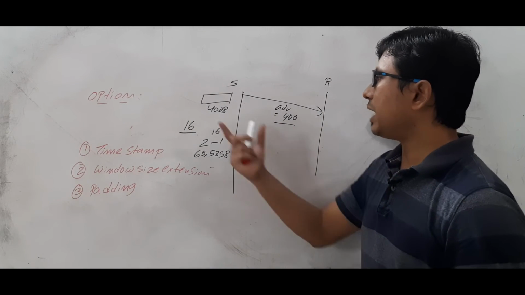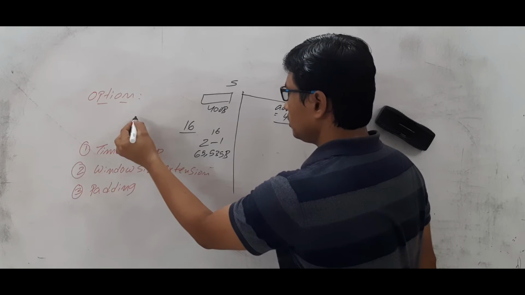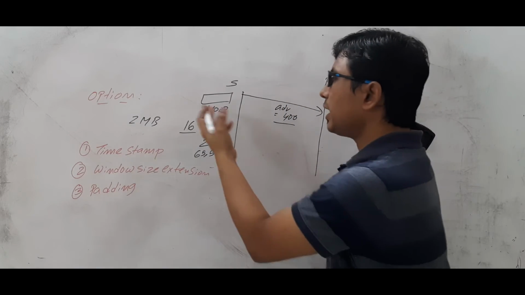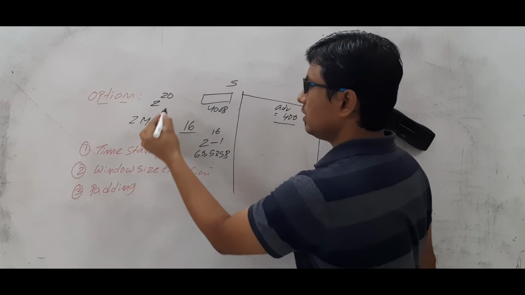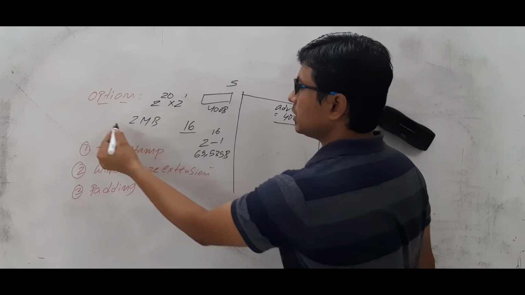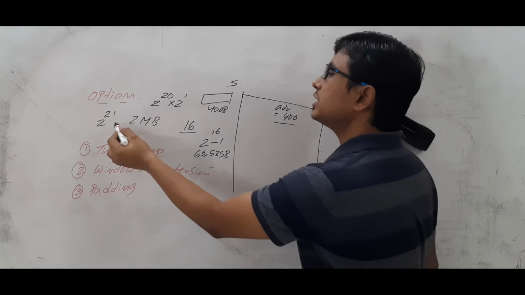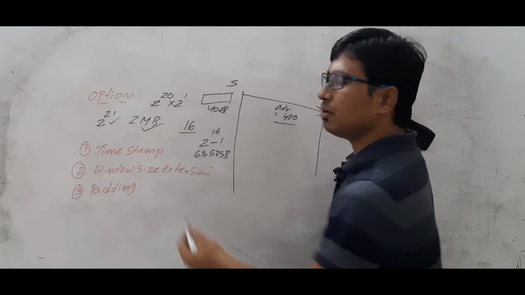But you want to advertise a window of, let's take, 2 MB. 2 MB you want to advertise. 2 MB is what? This is 2 power 20 times 2, that is 2 power 21. So it means that you need a window size of 21 bits to advertise a window size of 2 MB.